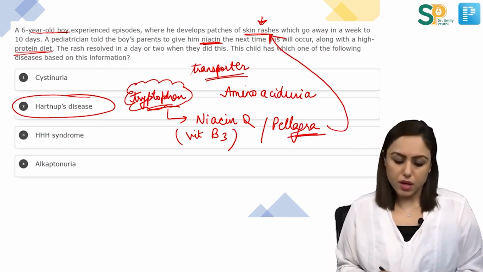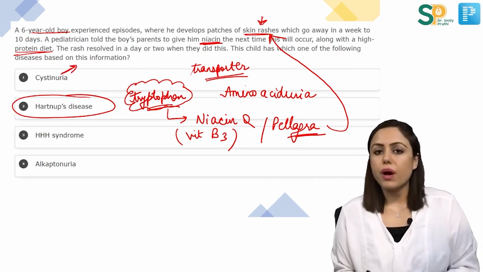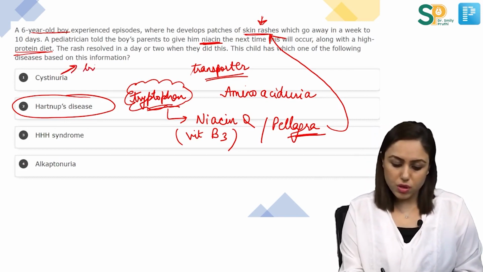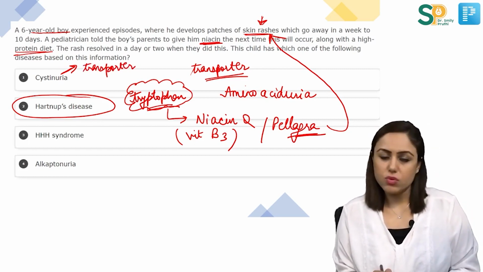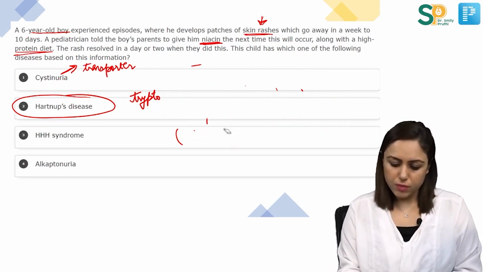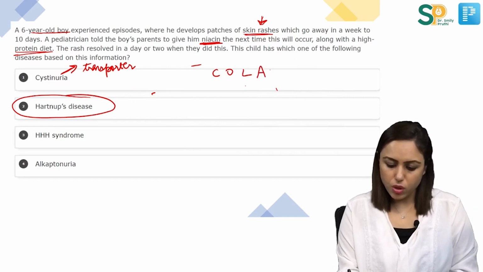So Hartnup disease is the answer. And what is cystinuria? Cystinuria is a part of Garrod's tetrad, where this is also a transporter defect. It is a transporter defect for dibasic amino acids, okay? So dibasic amino acids will be coming in urine. In cystinuria, there is a mnemonic COLA.